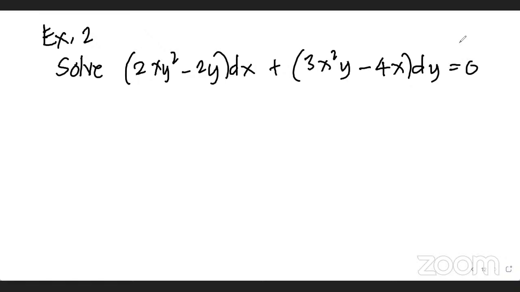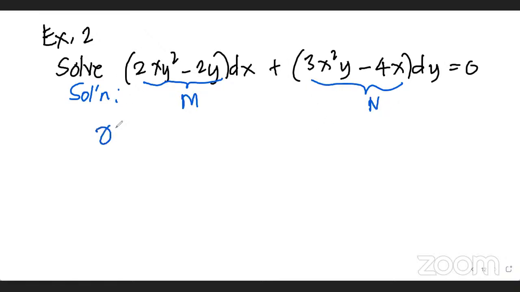Okay, first thing, i-test muna natin yung DE for exactness. And that is by taking the partial derivatives. Ito yung ating m. Ito naman yung ating n. Okay, m is coefficient ni dx, n is coefficient ni dy. Tandaan nyo yan ha.